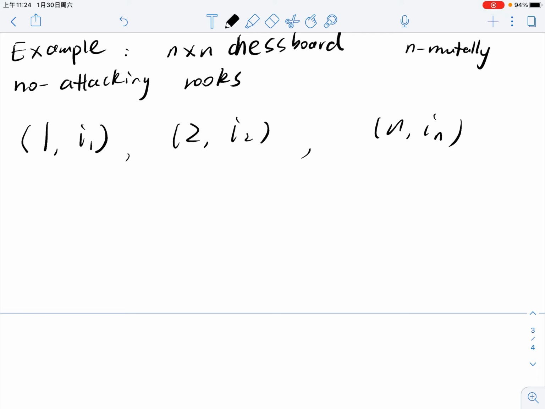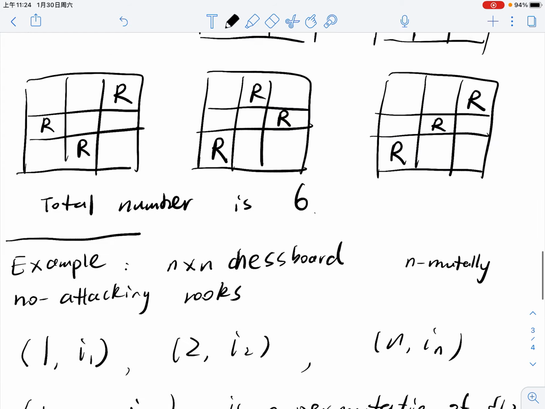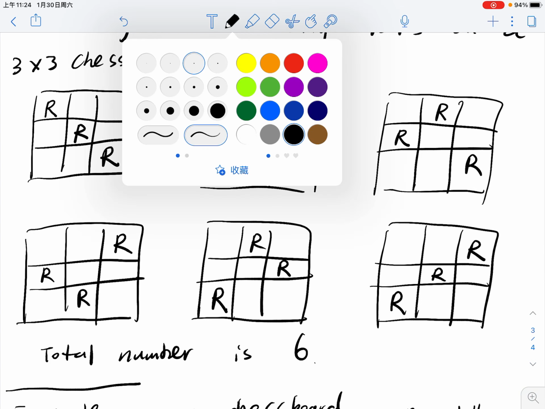And since they are not attacking each other, therefore i1 to in is a permutation of 1 to n.